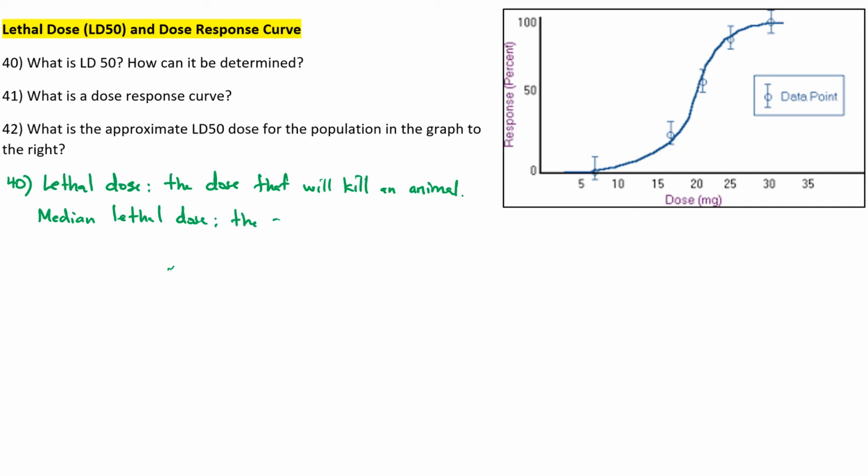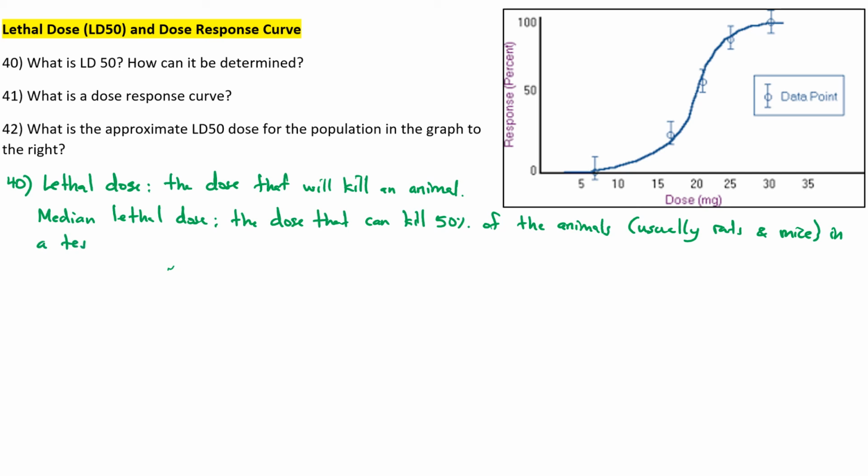The dose that can kill 50% of the animals. Usually rats and mice in a test. Within a given time period.